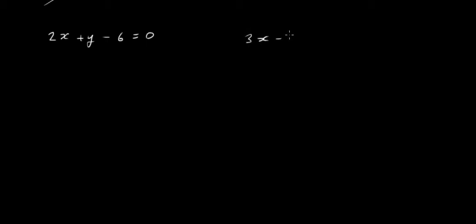So let's take two straight lines. Let's say 2x plus y minus 6 equal to 0, and let's take 3x minus 2y plus 2 equal to 0.